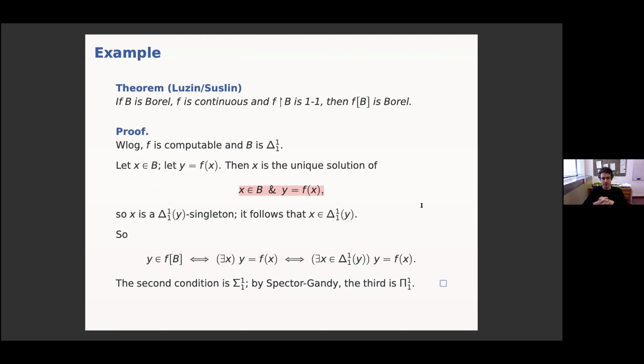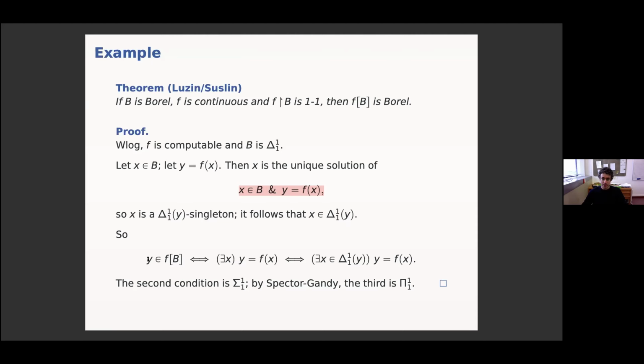The unknown x is in the set B and y is its f image. x is the unique solution to this predicate, which means that it is a delta 1-1 singleton relative to y, and delta 1-1 singletons are precisely the hyperarithmetic sets. So relativized to y, this means that x is delta 1-1 in y, or x is hyperarithmetically reducible to y.